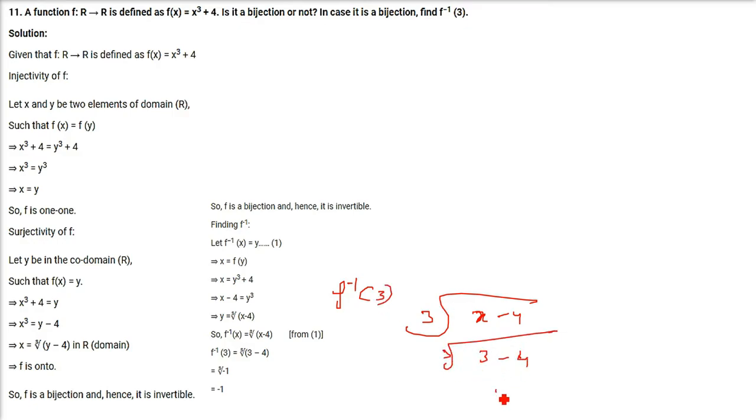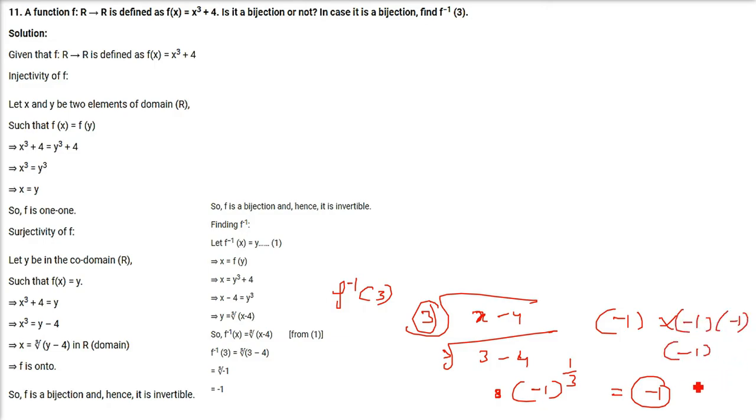So negative 1 to the power 1 by 3 will come as negative 1, because negative 1 into negative 1 into negative 1 is negative 1. Negative 1 cube is negative 1, so the third root of negative 1 is also negative 1. Basically f inverse 3 is negative 1.